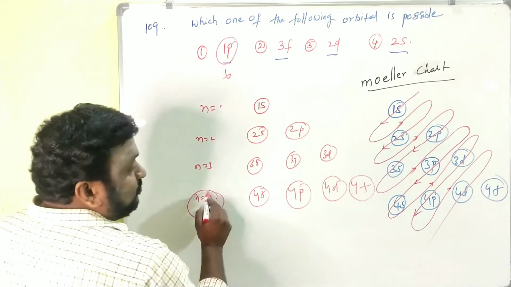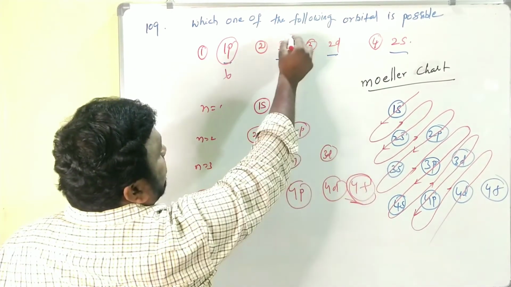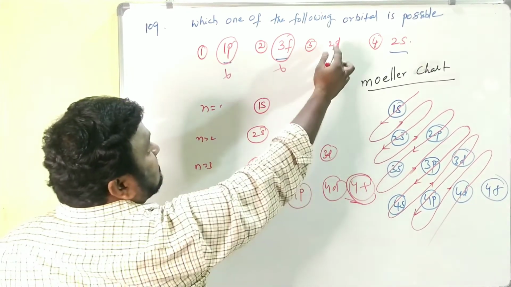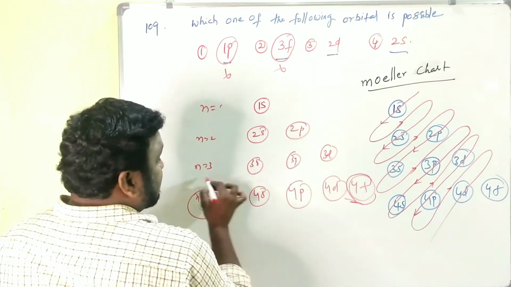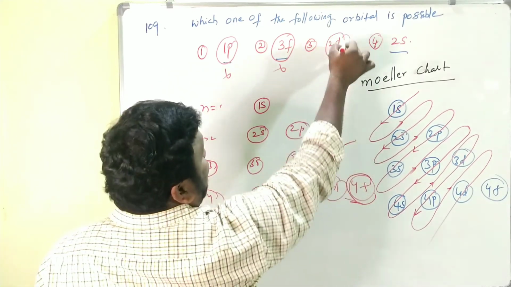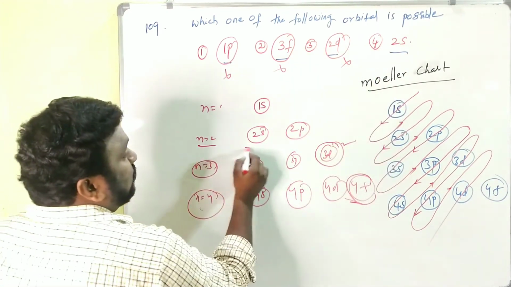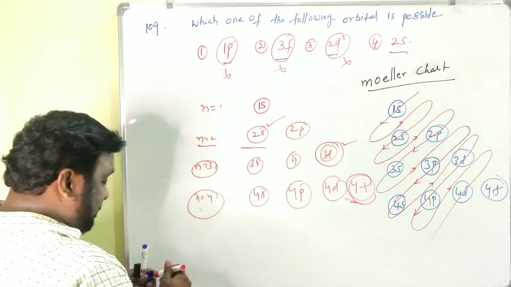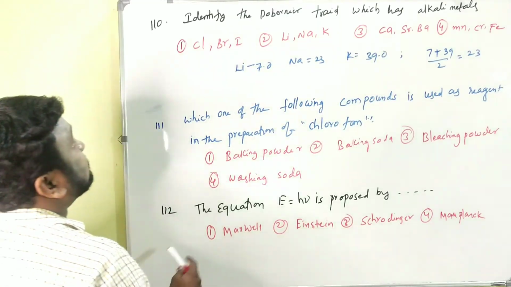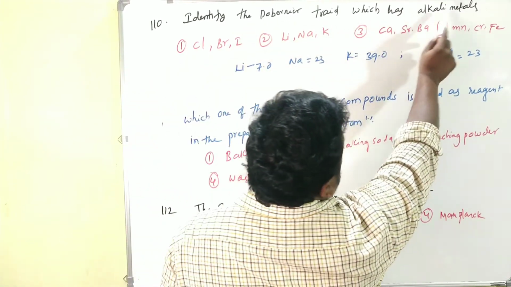F starts from the fourth shell. 4f is there, but 3f is not there. Next 2d. D orbital starts from n equal to 3. 3d is possible, but 2d is not possible. And 2s? N is equal to 2, so 2s is possible. That's why the fourth option is the right one. Question number 110. Identify the Dobereiner triad which has alkali metals.